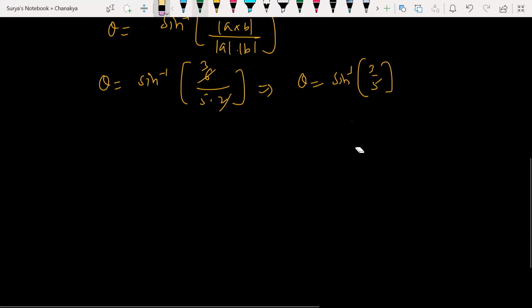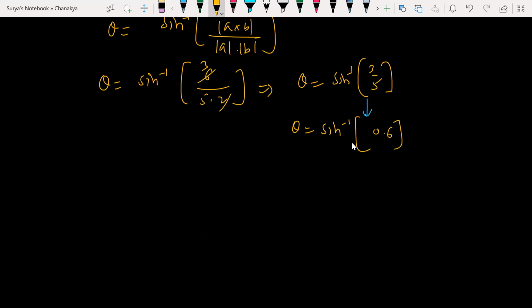If at all you want to solve this, how can I solve this? Theta is equal to sine inverse of 3 by 5, how much? 0.6. Do you agree with my point? Sine inverse of 0.6 will have some angle, so that is going to be your answer.